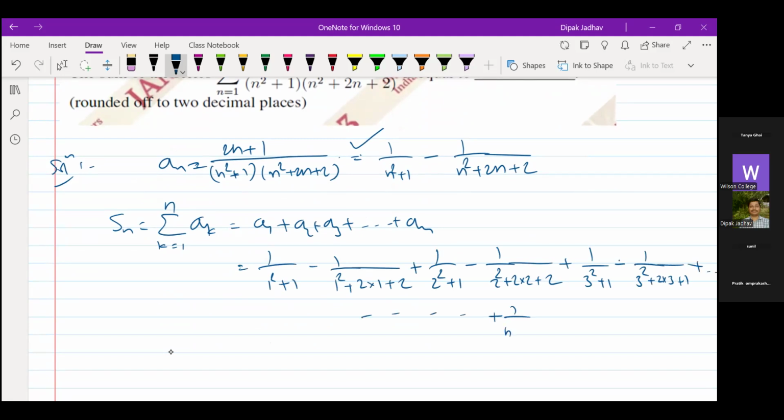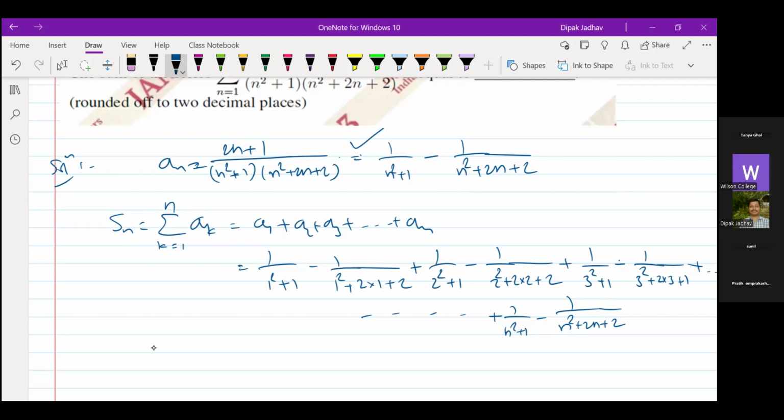The last term will have 1 upon n square plus 1 minus 1 upon n square plus 2n plus 2. Okay, so you need to simplify all the terms and see whether these are getting cancelled and so on. It's not immediate that, yes, the terms are getting cancelled. You need to simplify further.